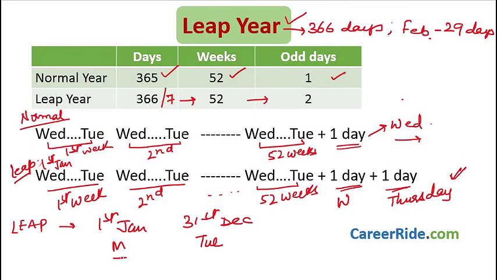If 1st January is a Tuesday, 31st December would fall on a Wednesday. This is again a very important thing, because many a times a direct question occurs on this basic concept, right? So make sure that you take this also properly and understand it properly.